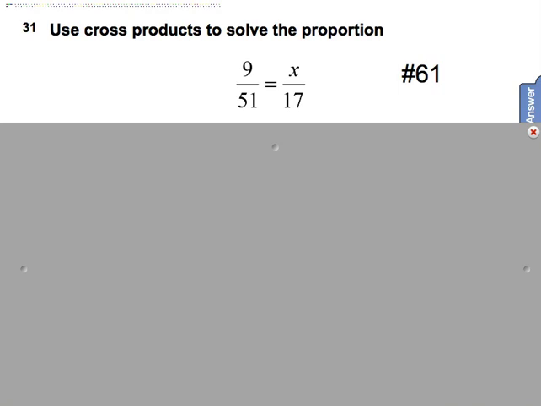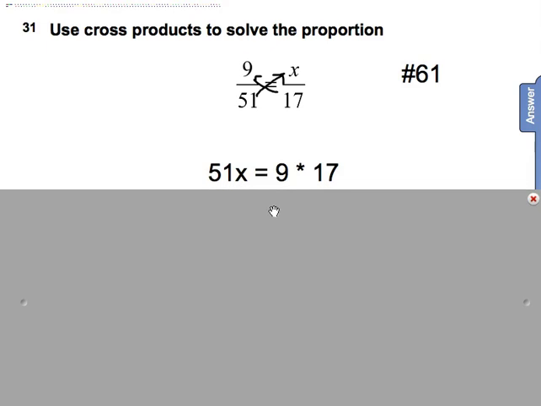Let's try this first cross products example on our all together. So we have 9 over 51 equals x over 17. I'm always going to start by multiplying the number times x, and this will ensure that my variable is always on the left. So if I do 51 times x, I get 51x equals 9 times 17.